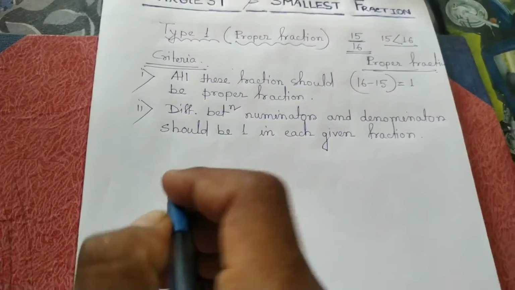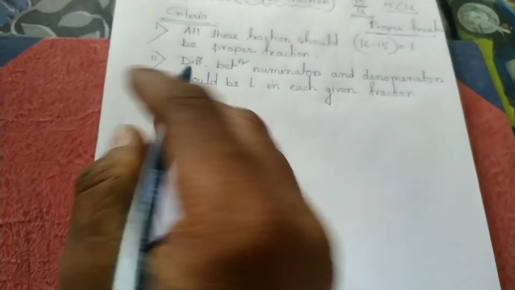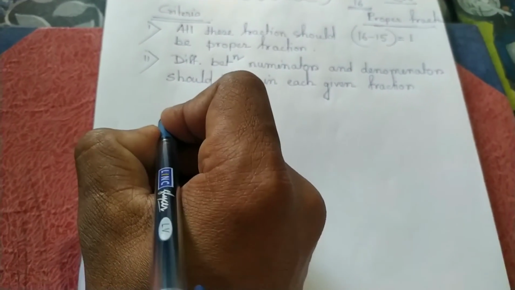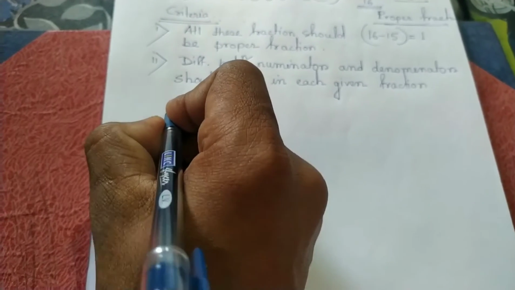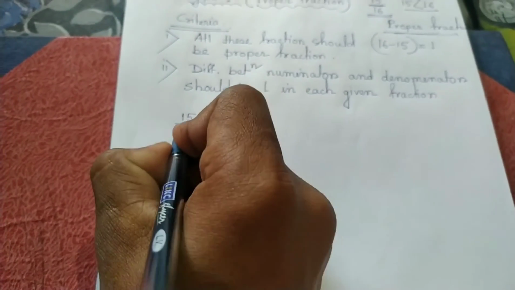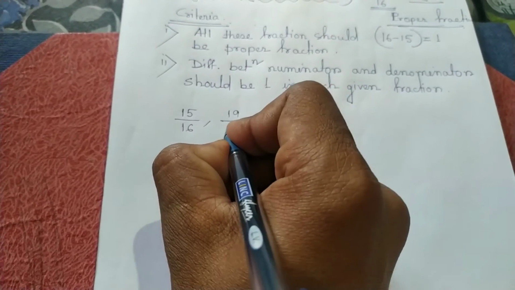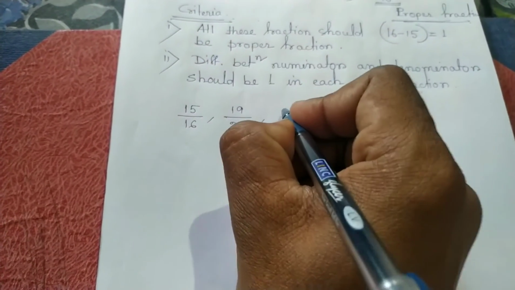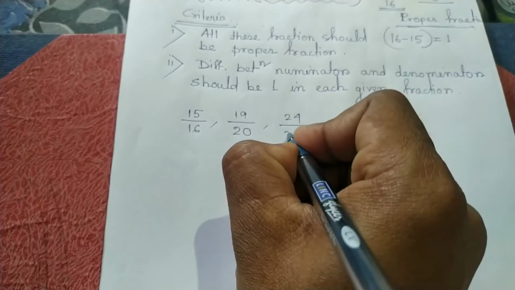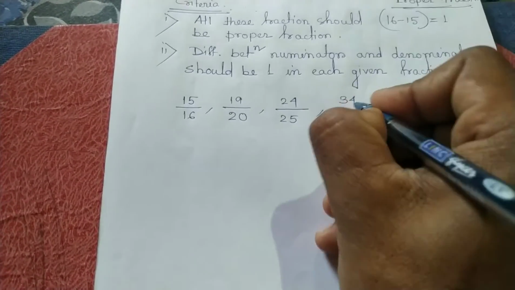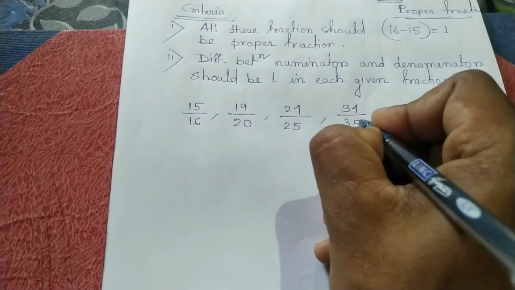So now come to the main point. Let 4 different proper fractions be 15 upon 16, 19 upon 20, 24 upon 25, and the last is 34 upon 35.